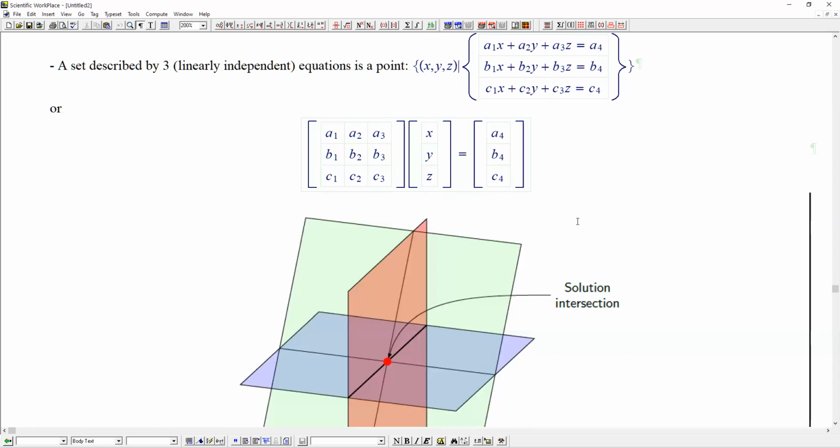And you can imagine that if you have a 4 by 4 or a 5 by 5, it becomes extremely long to compute determinants.